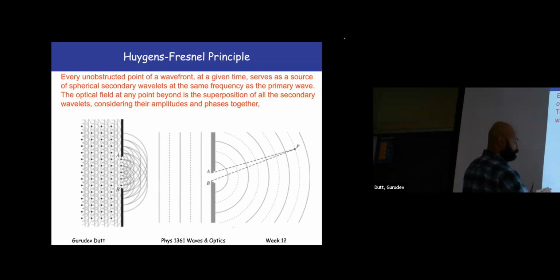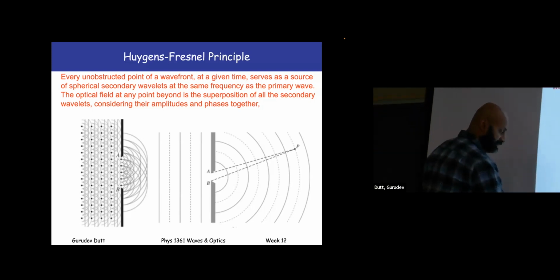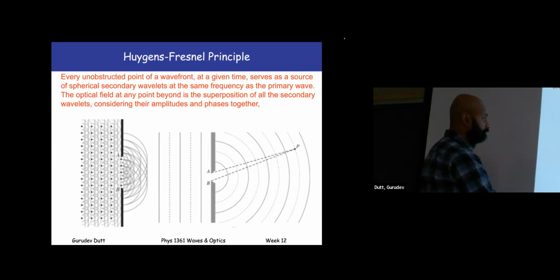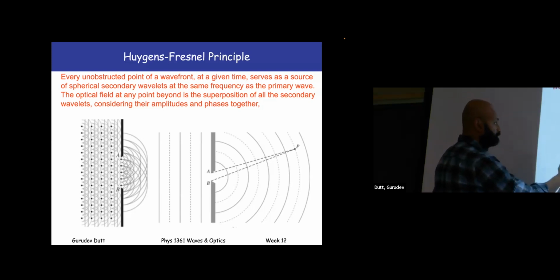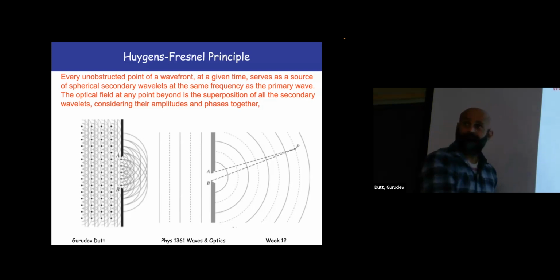To the left here, we see how this picture still results in planar wavefronts. We have a plane wavefront emitting spherical waves from each of these secondary sources, and the sum of these, as you can see, is still a plane wave.